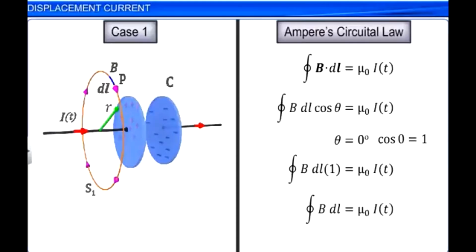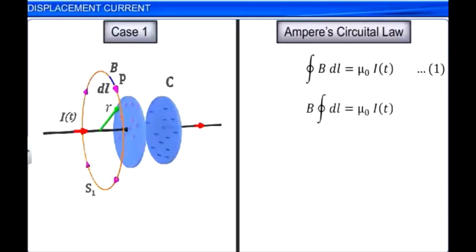The circular loop is symmetric with respect to the conducting wire. Hence, the magnitude of the magnetic field is constant at any point on the circumference of the circular loop. That is, B into the integral over the closed loop of dl is equal to mu naught I(t). Here, the integral over the closed loop of dl is the total length of the circular loop, that is, the circumference of the circular loop.